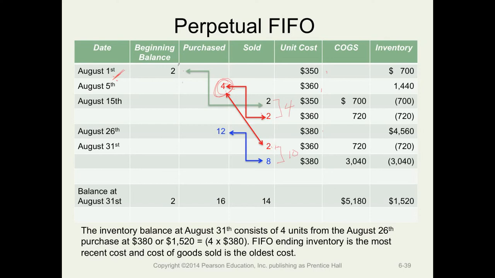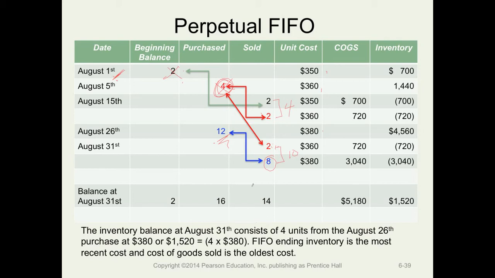So it's the first ones in, the first ones out. We've already sold 2 of those on August 15th, and now 2 on August 31st. And the other 8 come out of the August 26th purchase.